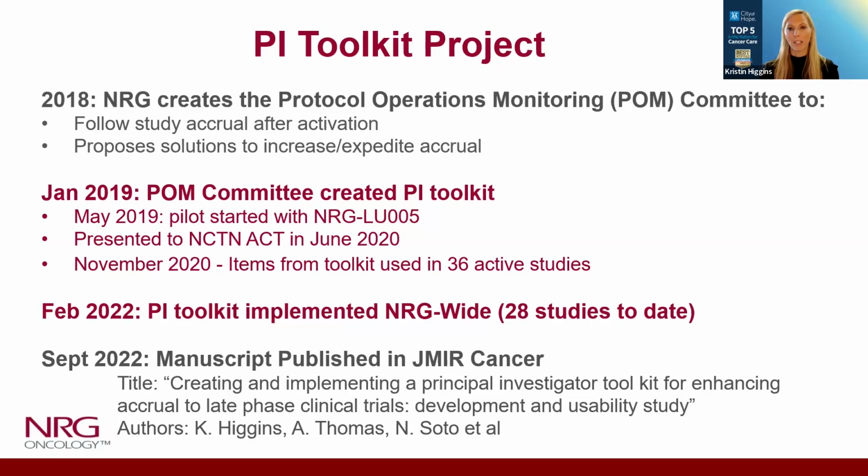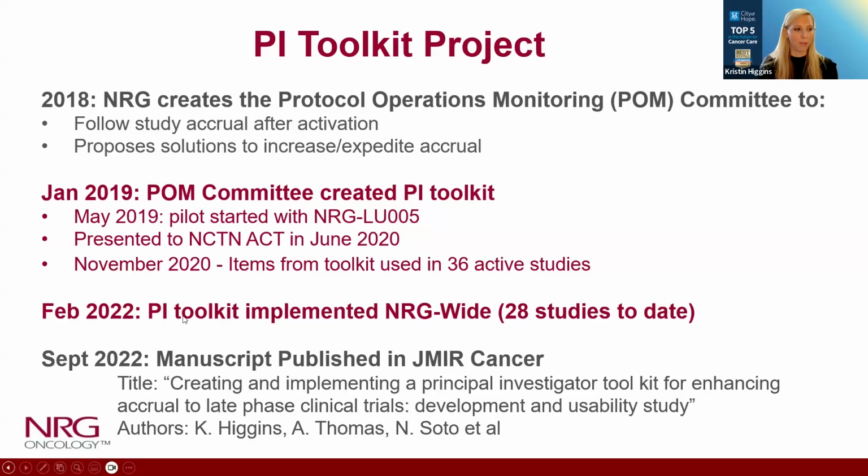And then we kind of took a step back and took inventory over all of the NRG Oncology clinical trials to understand how many trials were using elements from the toolkit. And that was about 36. And then a few years later, in February 2022, we decided to implement the toolkit across all of our NRG clinical trials as they were coming online and activating.